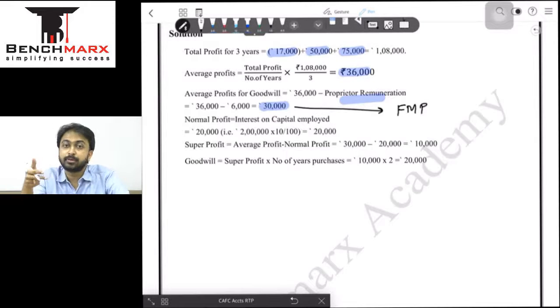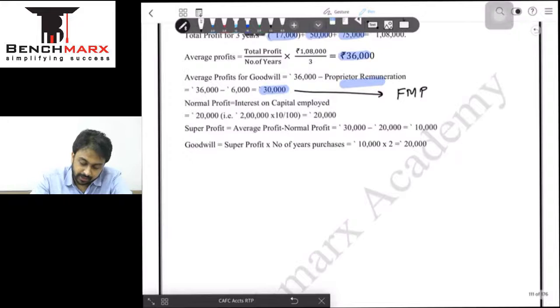Since I am the one managing my own business, I will not pay myself. So if the industry average is taking expenses of management, then it is my job to also subtract the management expenses, at least the opportunity cost content, to make my profits comparable to the industry average. Only then will I get the super profits.